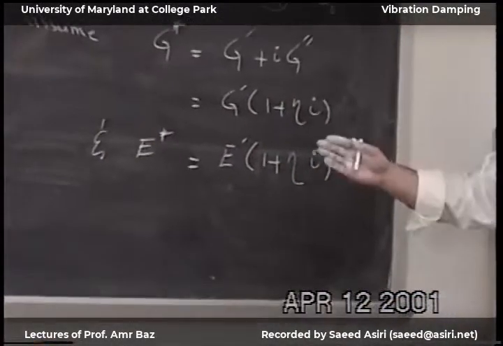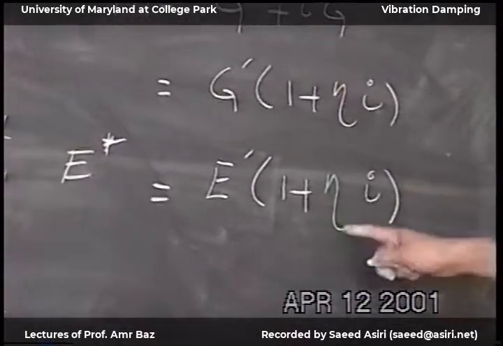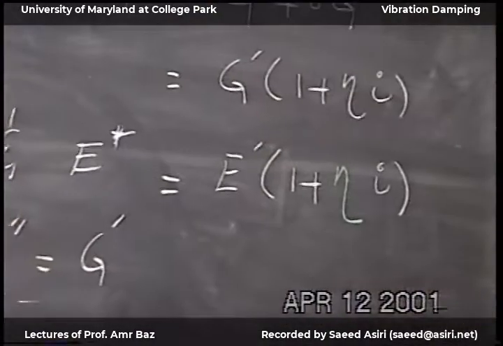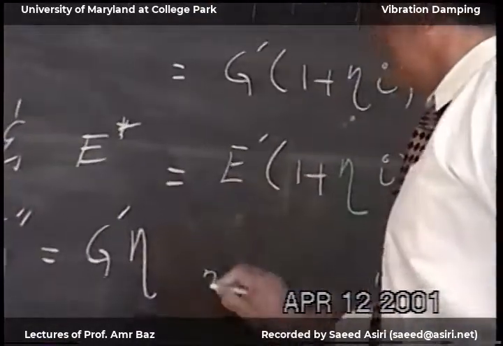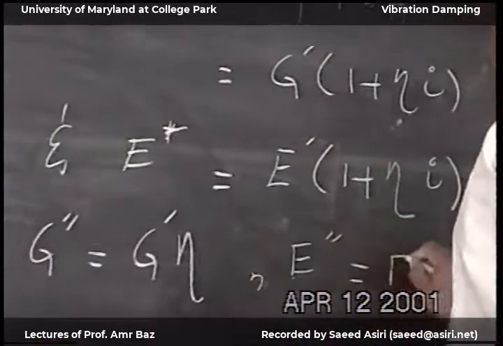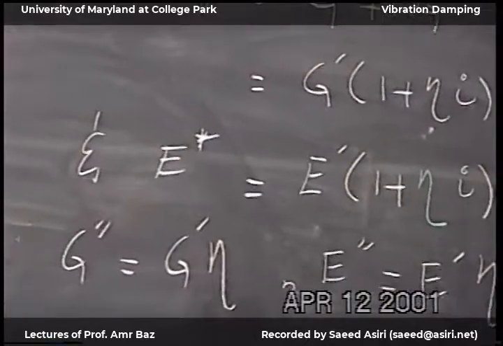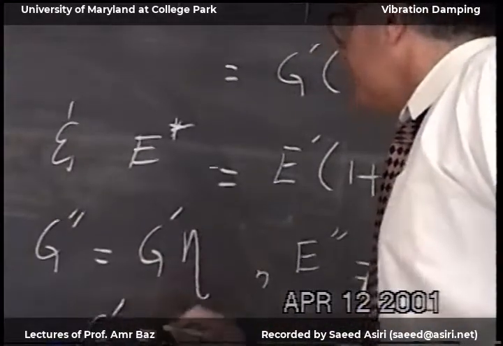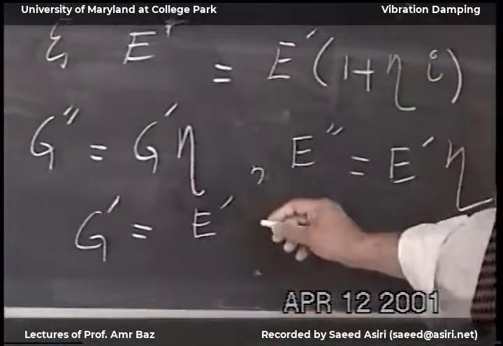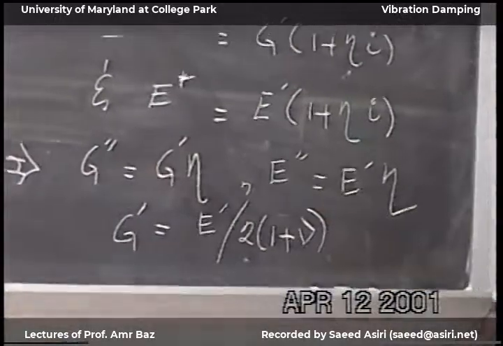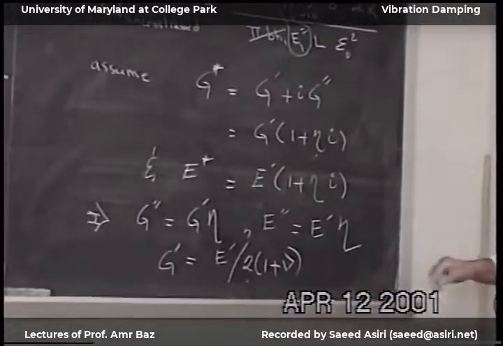If I shear the material or expand it, it will be the same. So these are exactly the same properties. So this says that G double prime is equal to G prime eta, and E double prime will equal E prime eta. One more thing, we know that G prime is equal to E prime divided by 2 times 1 plus Poisson ratio.